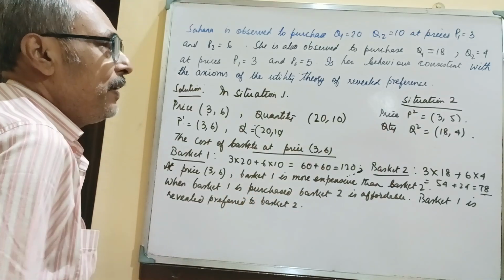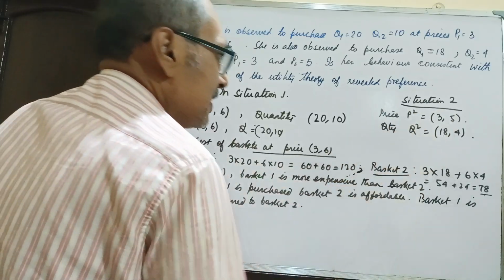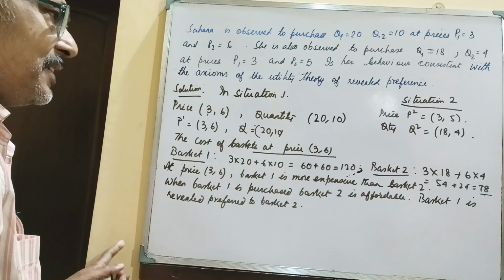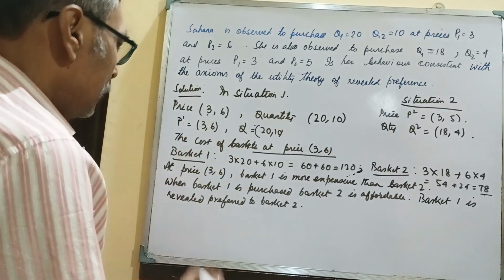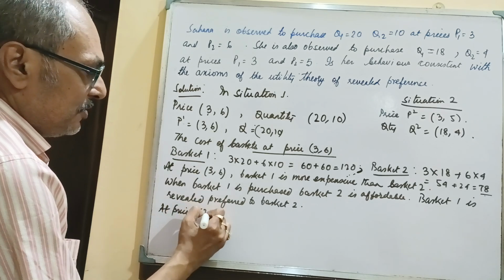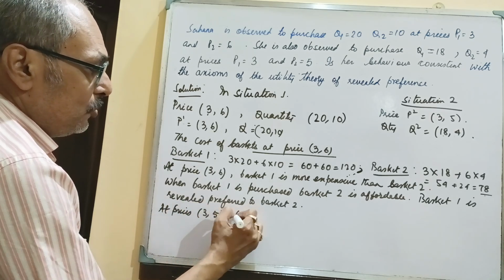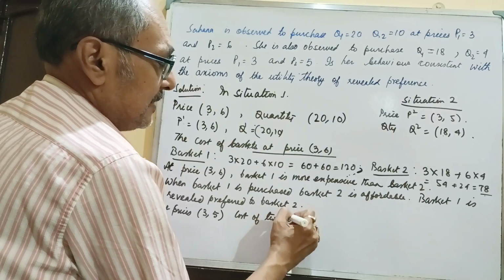Now we consider the expenditure of basket 1 and basket 2 at prices 3, 5, the cost of the 2 baskets.